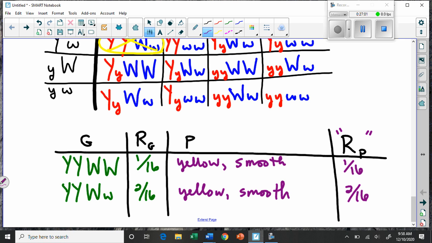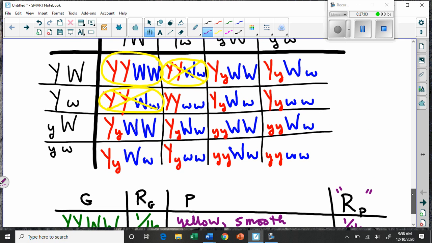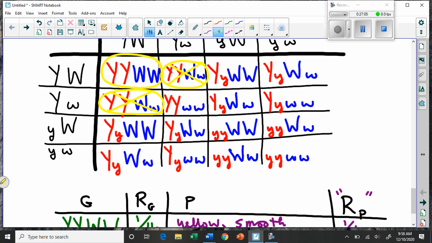Okay, what's the next combination? Well, let's kind of keep going. Let's look at this one, which is heterozygous for, you know what, I'll use a different color. Heterozygous for the color, homozygous for the wrinkly, smooth. There's one here, so those two are the same, right?